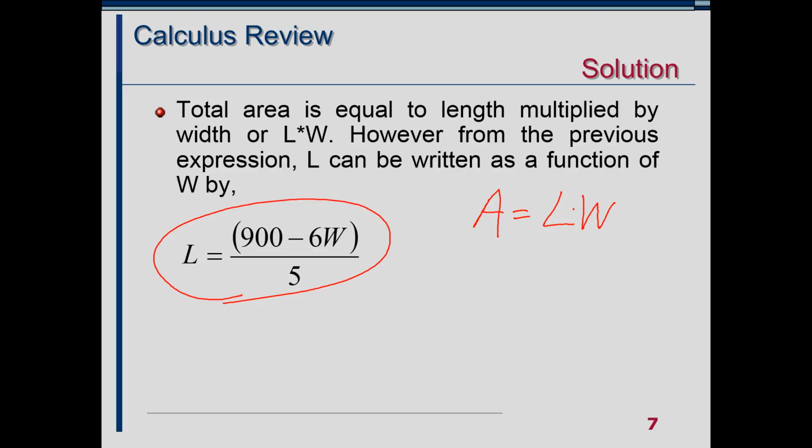Well, we know A then is equal to, we have W over here. So if we substitute this L here with this L here, then what we would have is simply 900 minus 6W over 5.